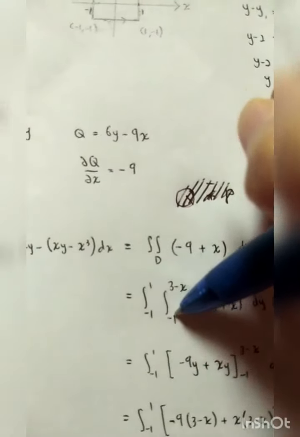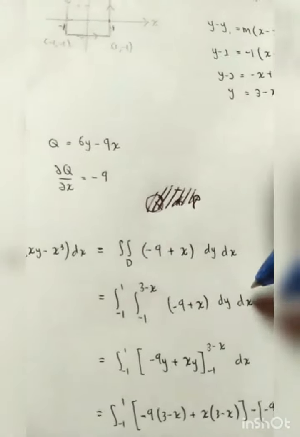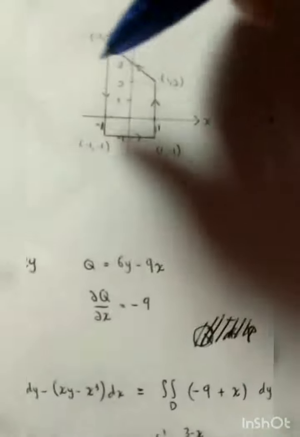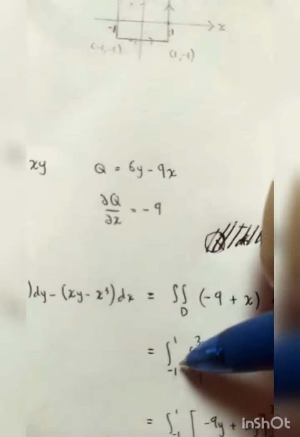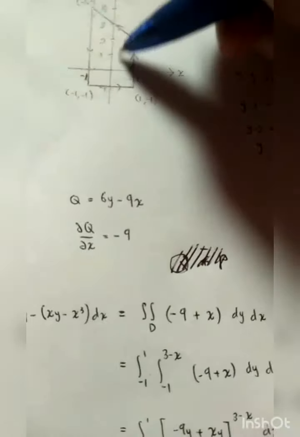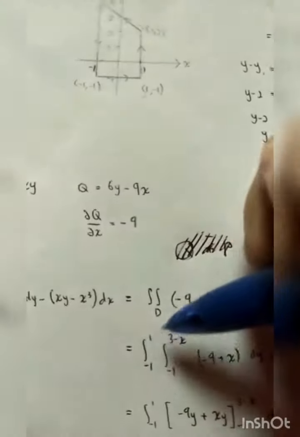So we put it into here. Same goes for dx. For dx, we look at this part which is negative 1, and we put it here, negative 1, and this one is 1, so we put it here.